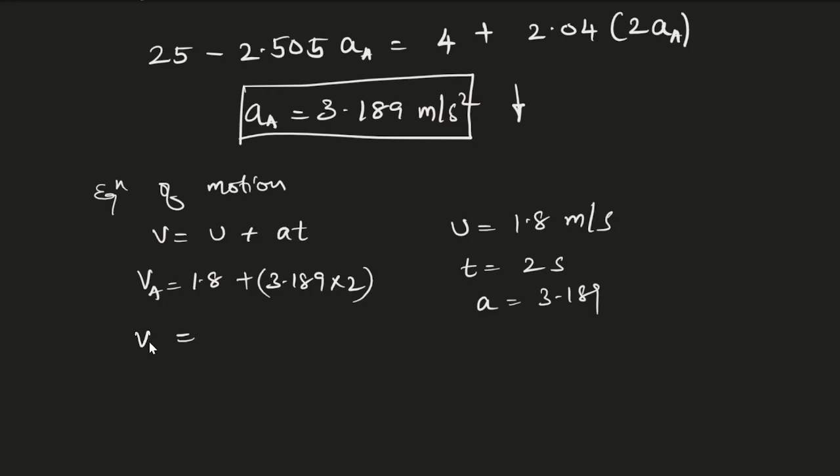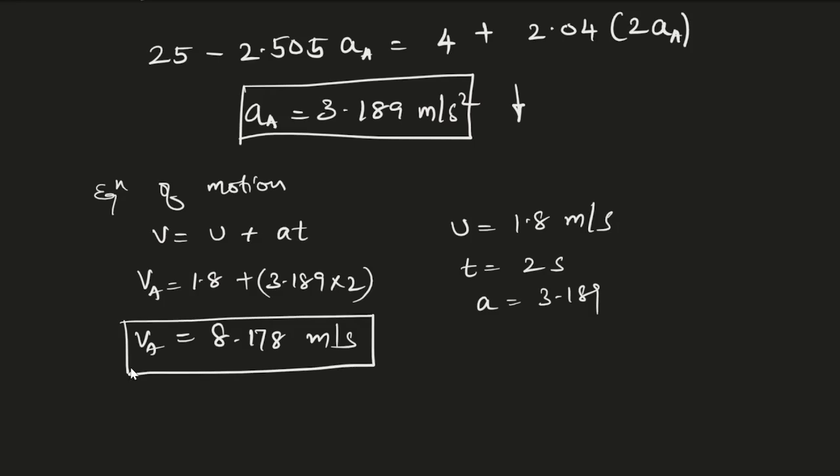So VA is equal to 8.178 meter per second. This is the final answer required from this problem: the velocity of block A after 2 seconds is 8.178 meter per second.